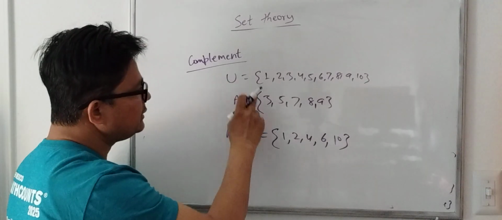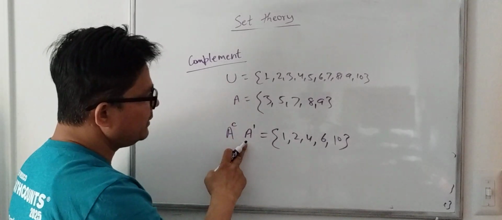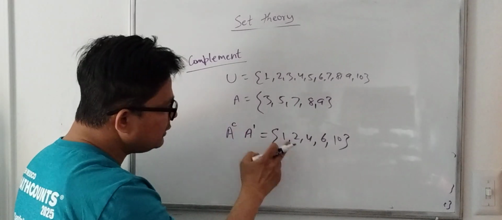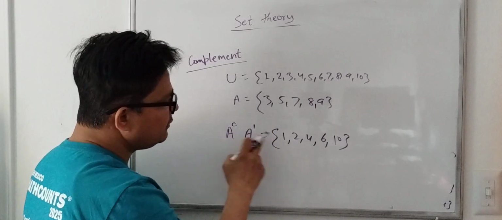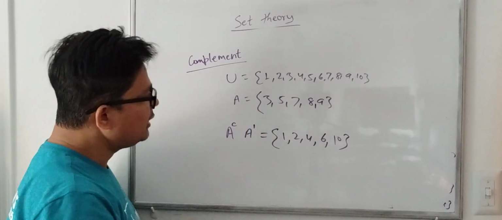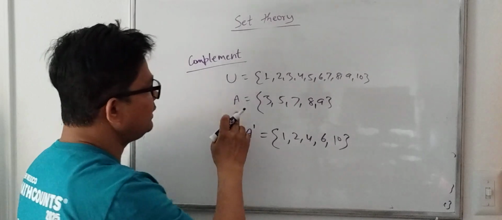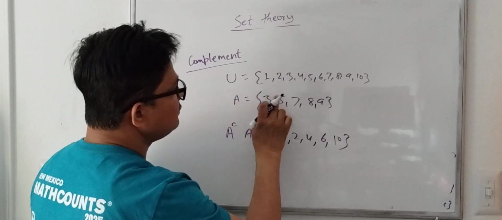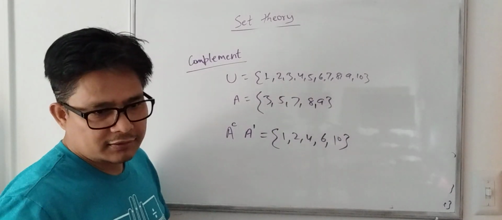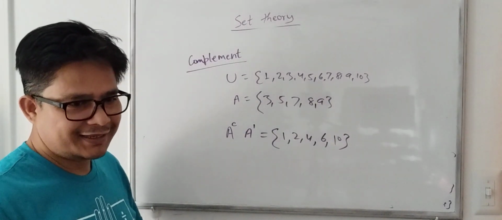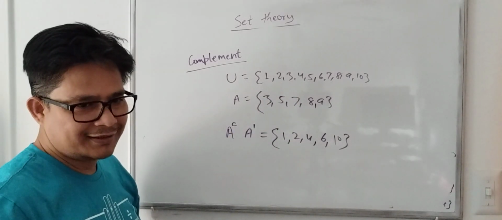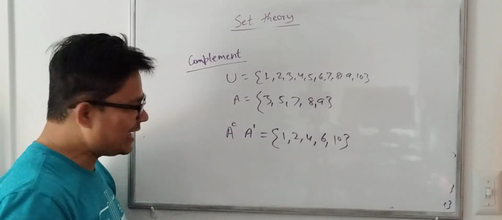So from the universal set and the given set, we can find the complement of that particular set. A complement will have all the elements which are not present in A. If A also has all the elements, like 1 to 10, what will be the complement of A if it also has all the elements? Empty, yes, it will be the empty set.